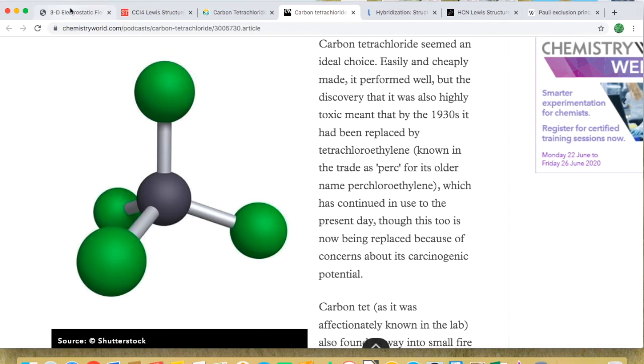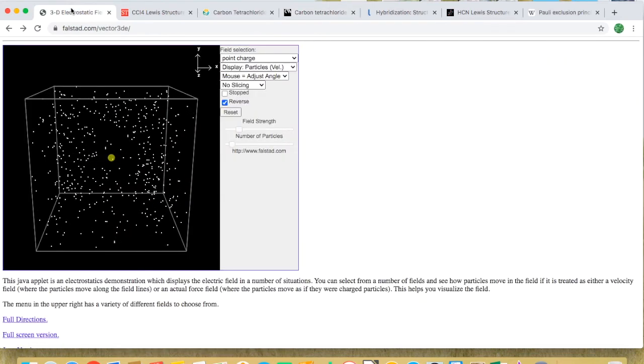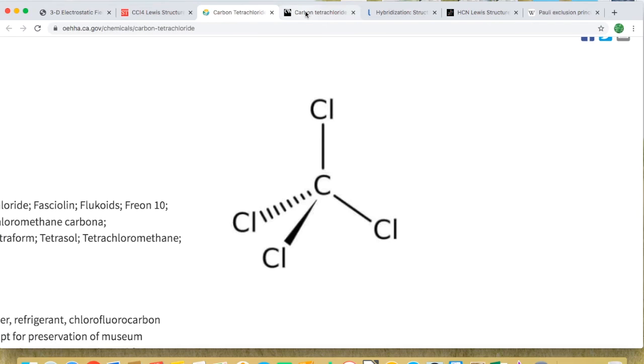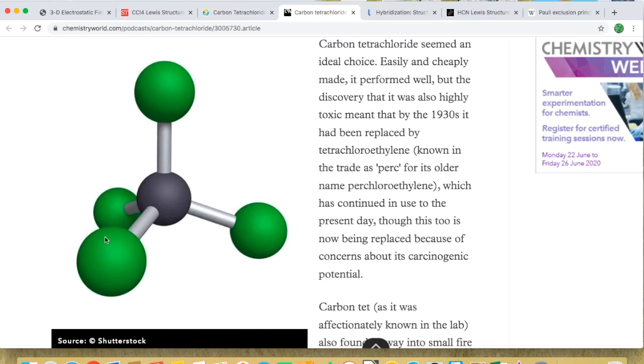This comes down to electrostatic repulsion. Those chlorine atoms have electrons around them whose clouds, by electrostatic repulsion and the Pauli exclusion principle, are repelled from each other.